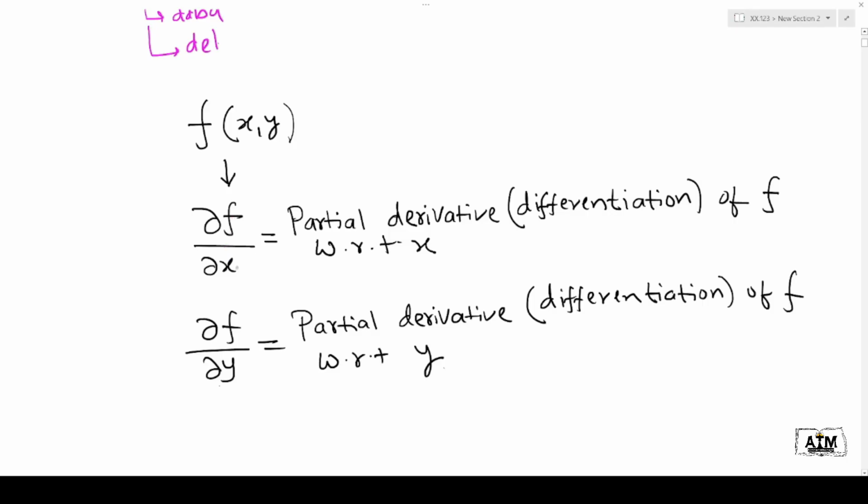So dou f by dou x stands for the partial derivative of f with respect to x. It can also be called partial differentiation, one and the same. Similarly, dou f by dou y is nothing but the partial derivative of f with respect to y.